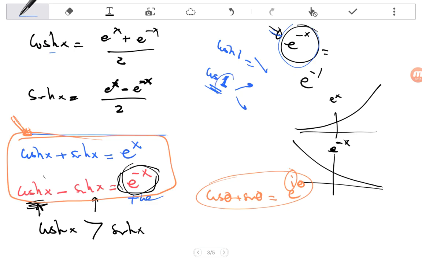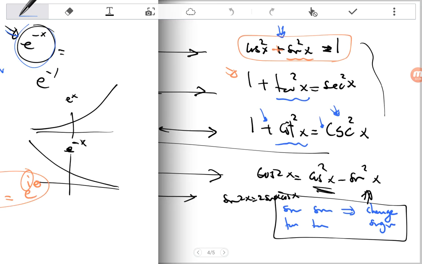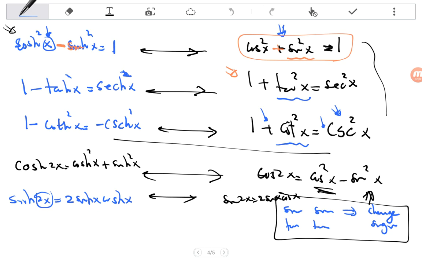Okay? Because this is an angle in this case. But this is a number and it doesn't make a difference for us whether it was radian or degree. But I may sometimes say the argument of cosh and sinh is an angle or a hyperbolic angle, although it is not 100% correct. You have in mind that it is not an angle. I'm just saying that by analogy to the trigonometric functions. Okay?